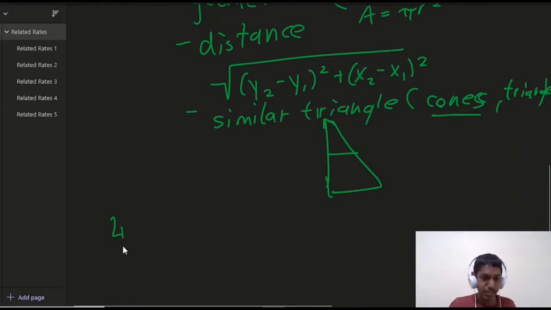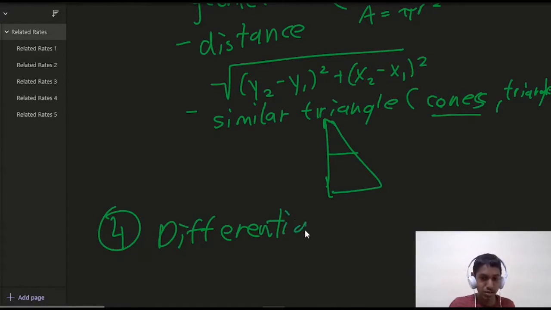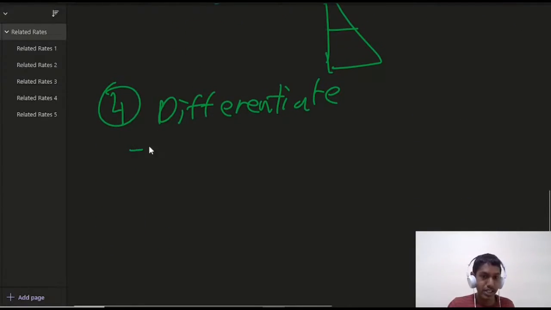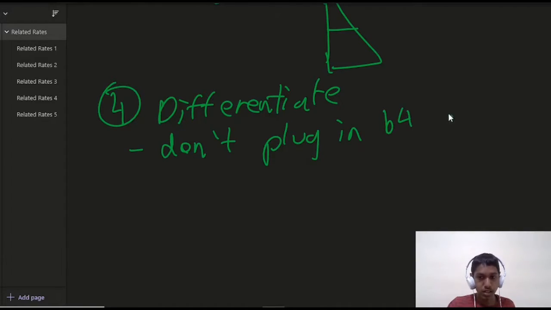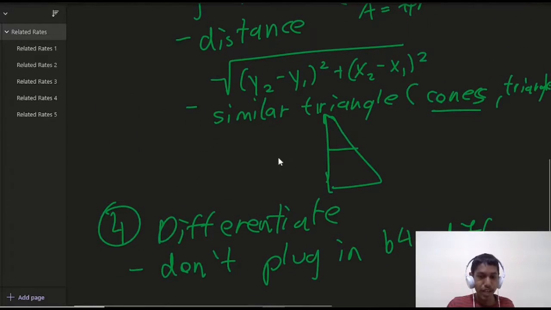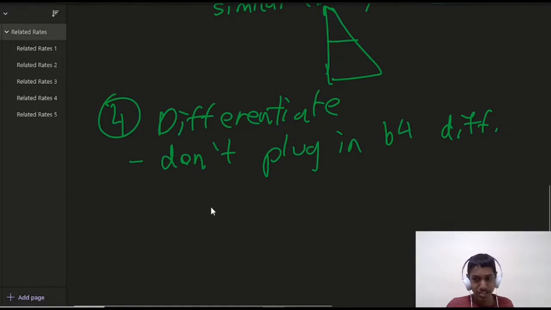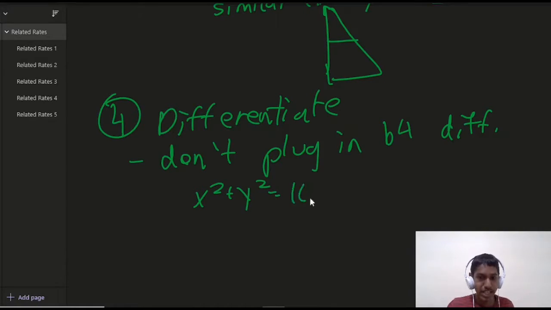And then finally you're going to differentiate. So a few things to remember when you're differentiating. First, don't plug in before differentiating. The reason is that value is not constant. So if you have x squared plus y squared is 10, and you're trying to figure out dy/dt, you cannot just plug in a value.